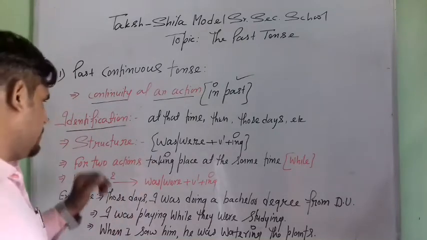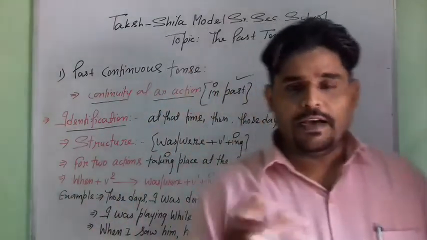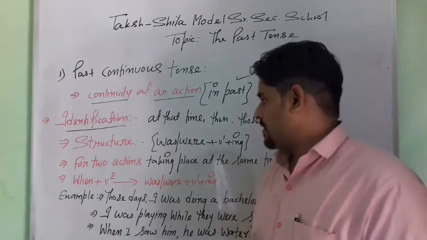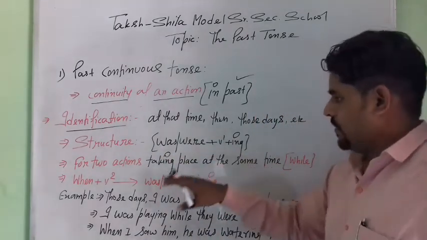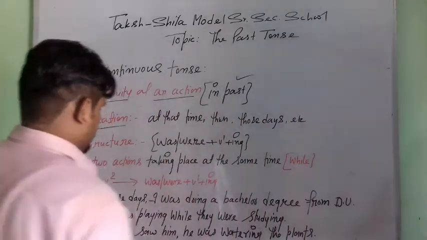Especially in which time? Past time. So students, again, the structure: when I explained the structure of simple past tense to you, I told you that it was the simplest structure. It is the simplest structure that I'm telling you about for past continuous tense, right?